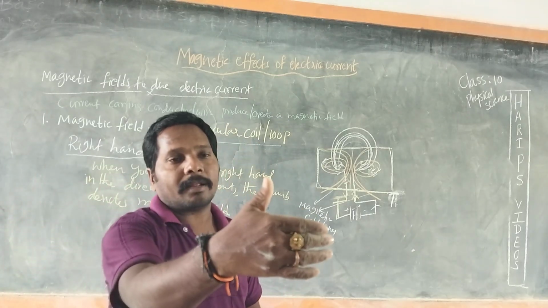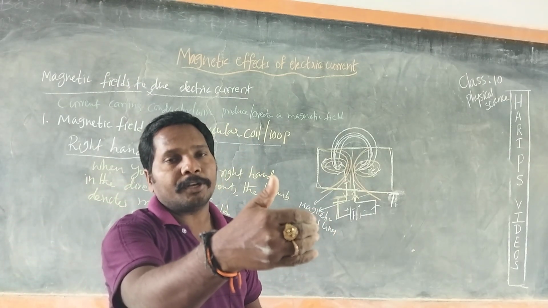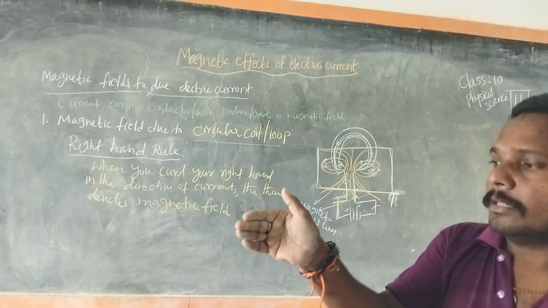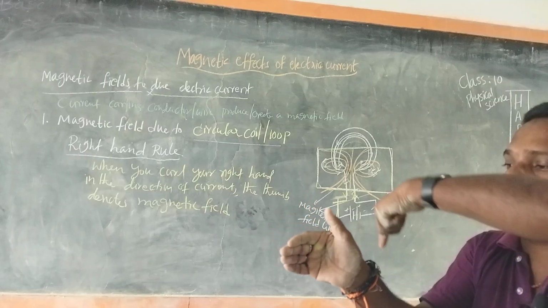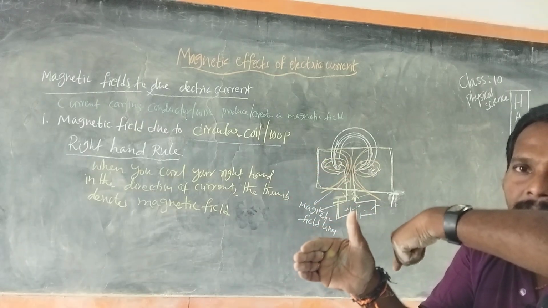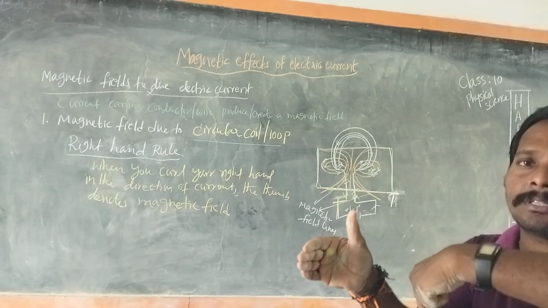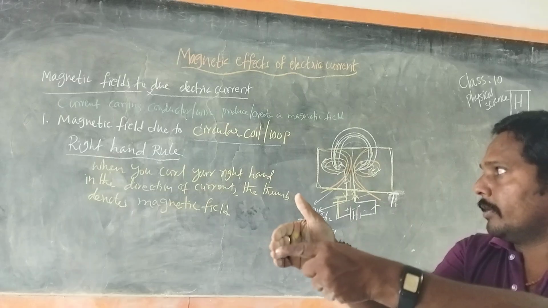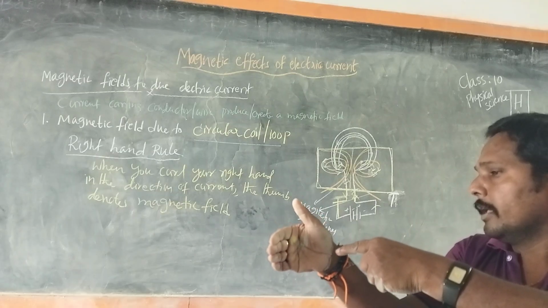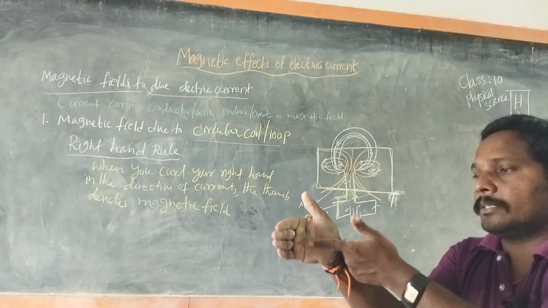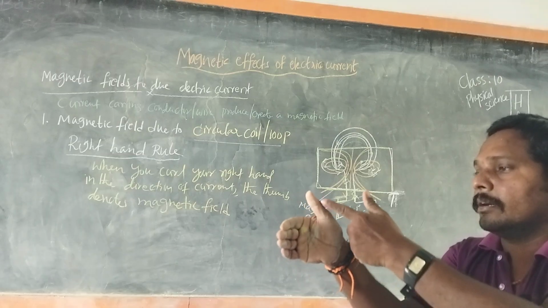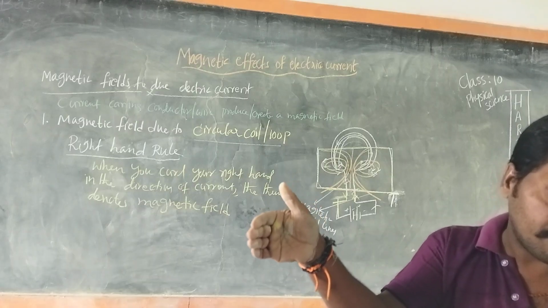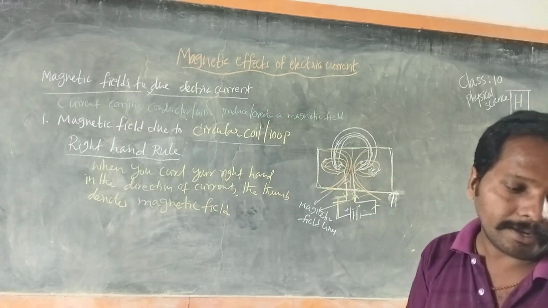So when we place our right hand like this, the fingers denote the direction of current, then the thumb denotes the direction of magnetic field, like this. When we curl the right hand in the direction of current, the thumb gives the direction of magnetic field, right?